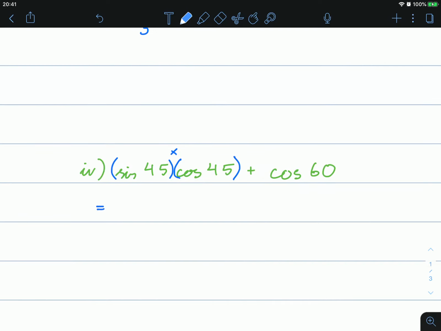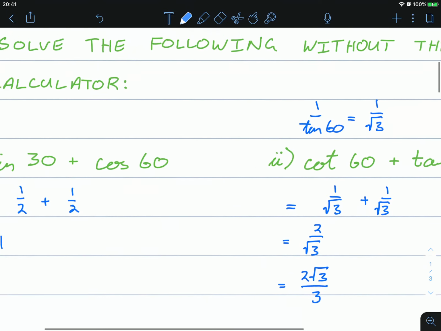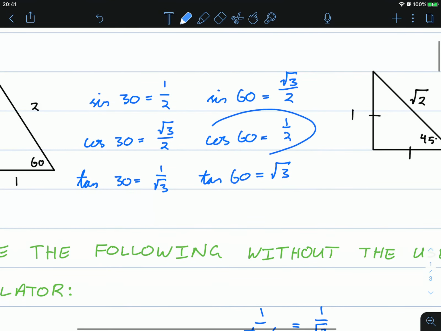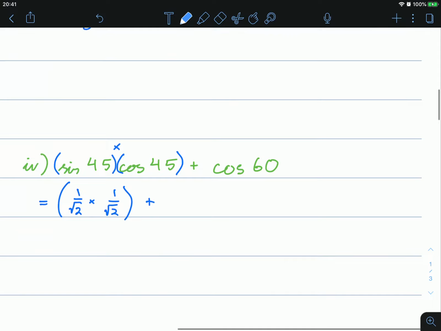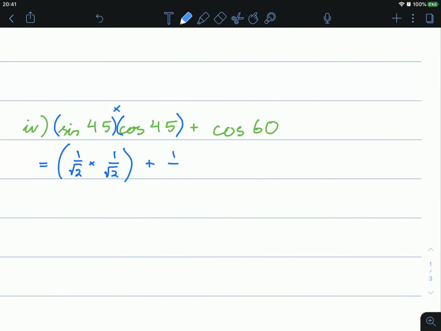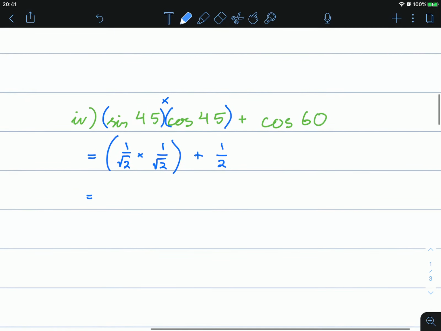So this is going to be 1 on root 2 times 1 on root 2, plus cos of 60, which is 1/2. 1 on root 2 times 1 on root 2 is just 1/2, plus 1/2. Well, that's again equal to 1 whole.